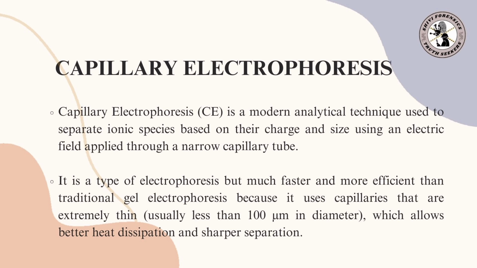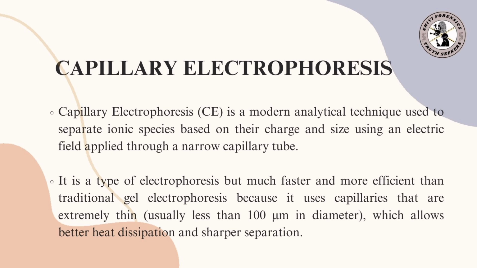Okay, so next is capillary electrophoresis, and that is our main topic. Basically, capillary electrophoresis is an analytical separation technique based on the movement of charged particles in an electric field through a narrow capillary tube. Earlier we used gel electrophoresis, a traditional technique, but it is very slow and not efficient.